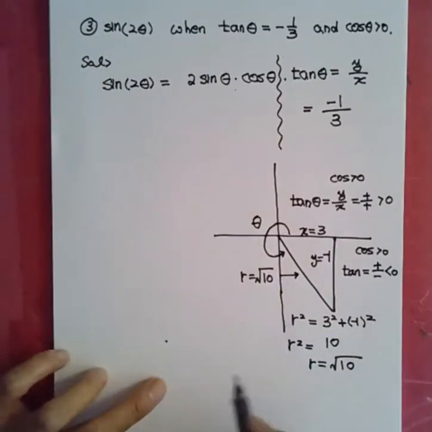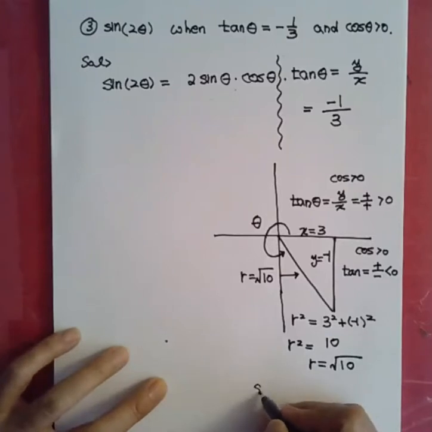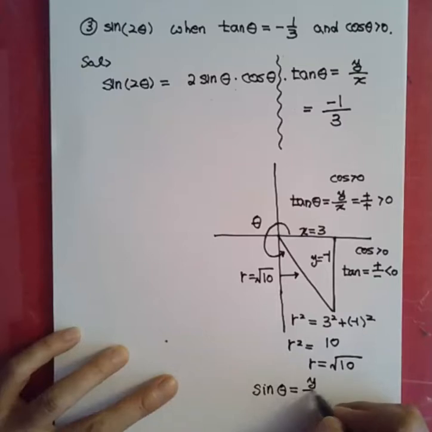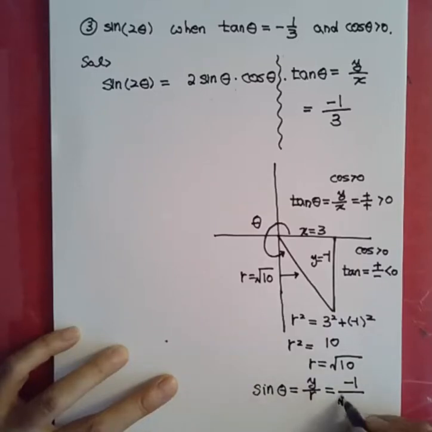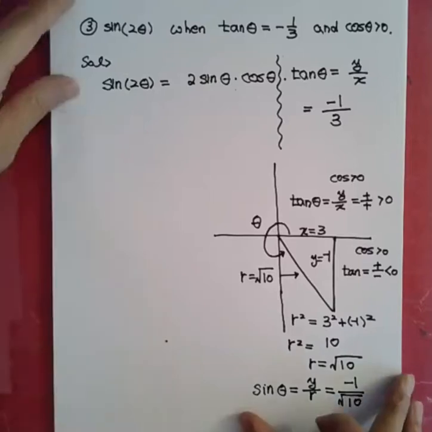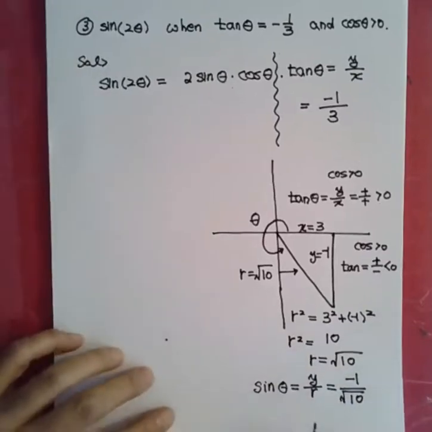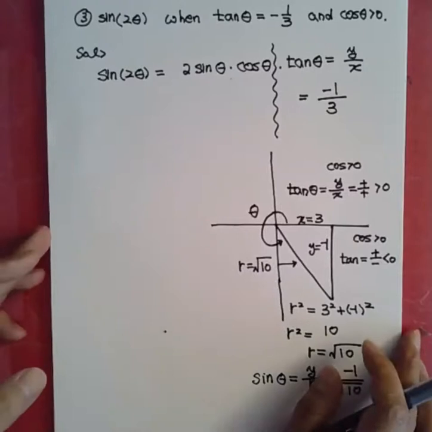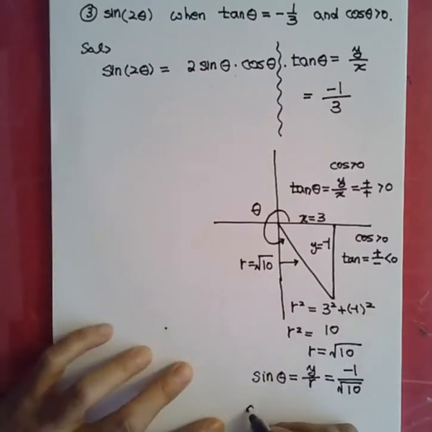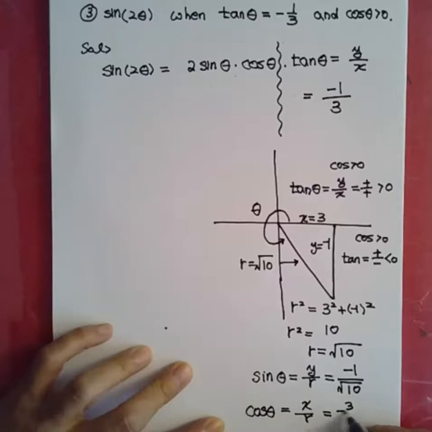Then tangent is given, and sine of theta, which was defined as y over r, can be written as the y value, which is minus 1, over the r value, which is square root of 10. And cosine of theta, which is defined as x over r, is 3 over square root of 10.